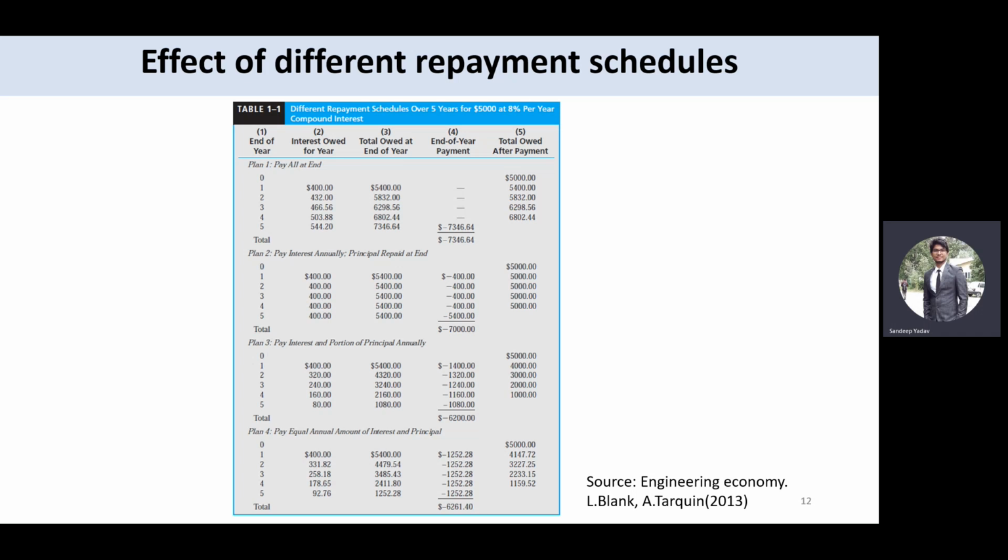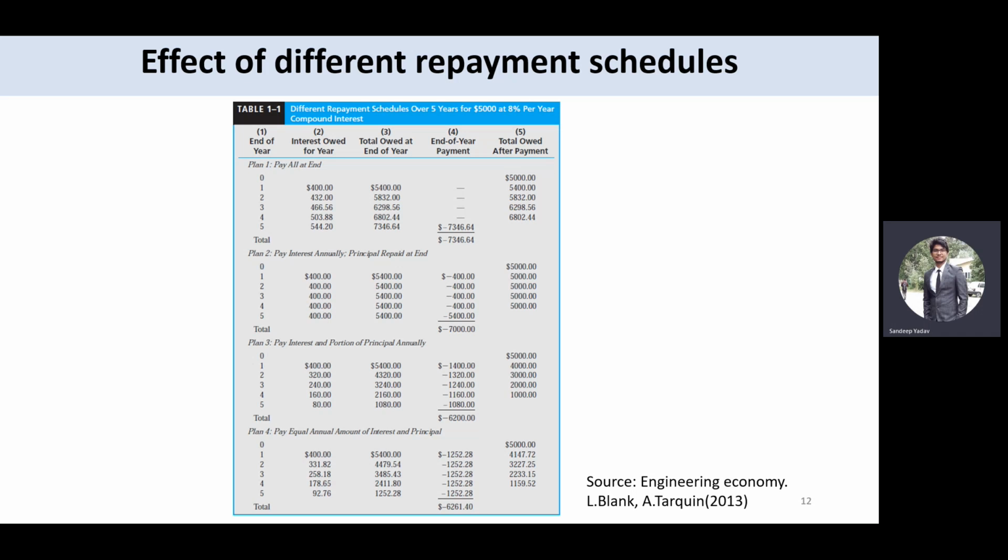annually. Now let's see plan 4, which tells us we can pay equal annual amounts of interest and principal. Now you have lent $5,000 and the interest will be 400. The amount you owe will be $5,400, and you are paying an equal amount of approximately $1,252, and the interest is getting decreased.